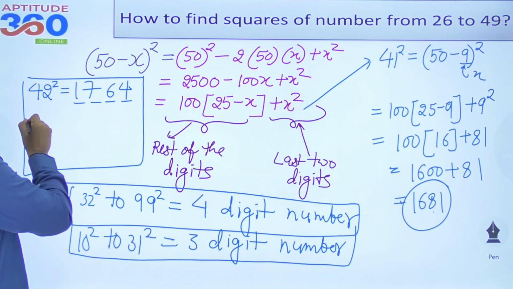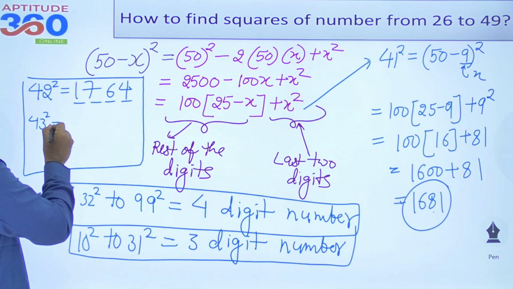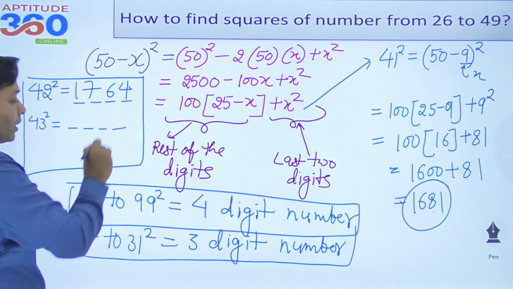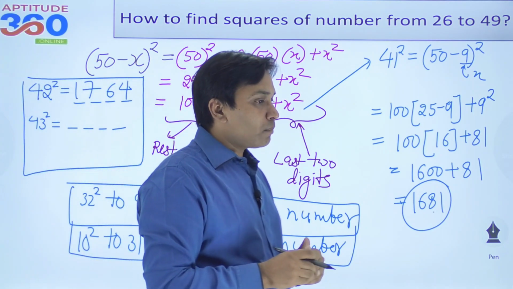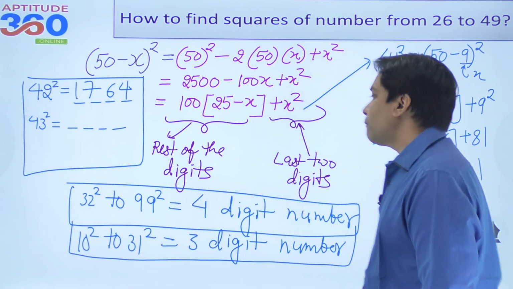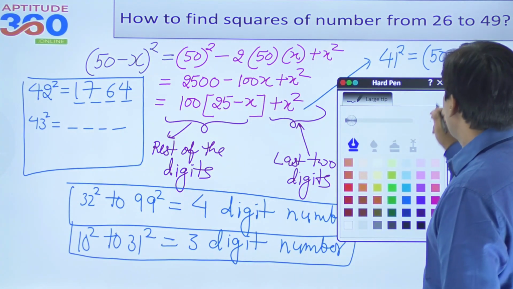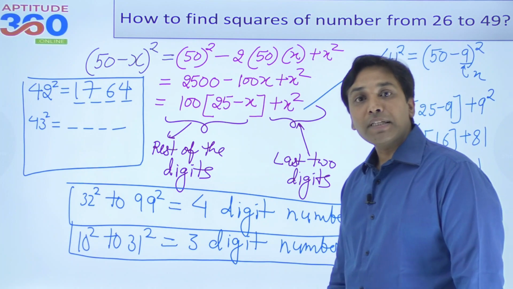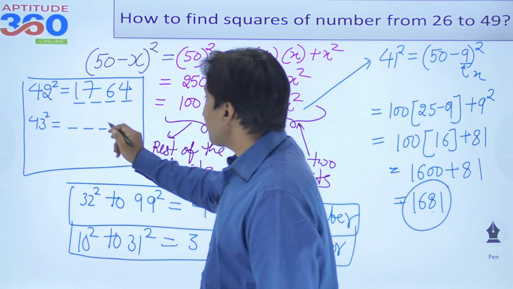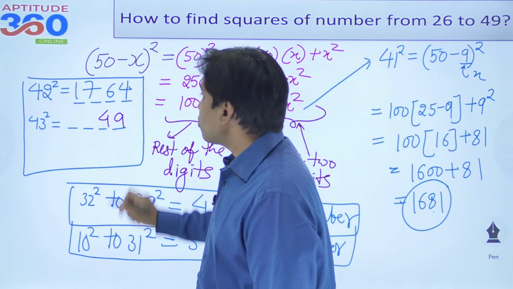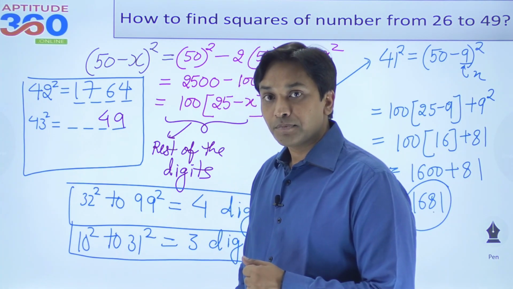Similarly, if I need to find out 43 square, what will I do? I know for sure that 43 square is going to be a 4 digit perfect square number. And 43 is how much less than 50? 43 is 7 less than 50. And what is 7 square? 7 square is 49. So last 2 digits for sure will be 49.